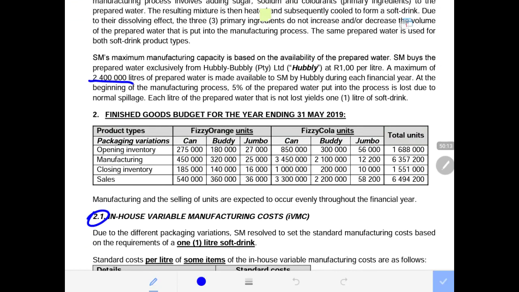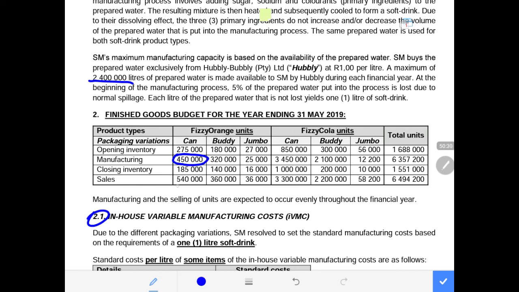I'll be showing you which figures to take and how to convert the units into equivalent liters of water. For cola, we are planning to produce 450,000 units. Remember, the 450,000 is the number of units.